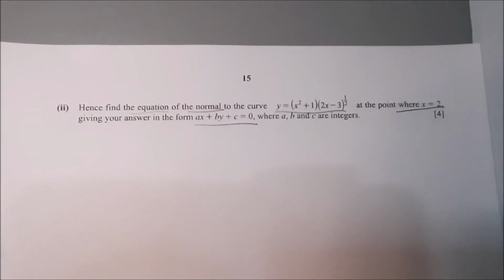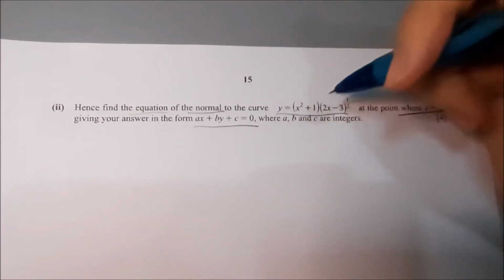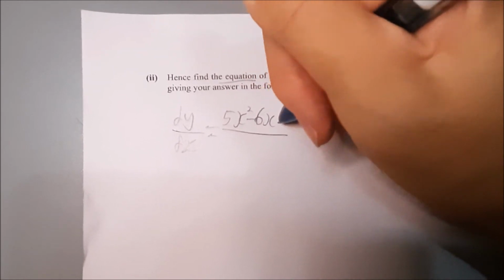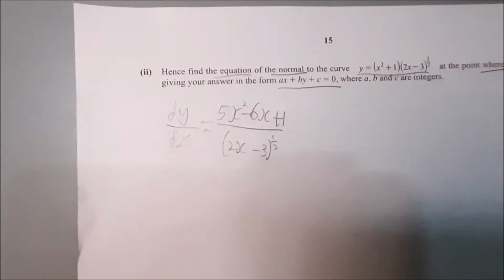So just now, we have found the dy dx value of this curve, which was dy dx equals to 5x squared minus 6x plus 1 divided by 2x minus 3 to the power of half.